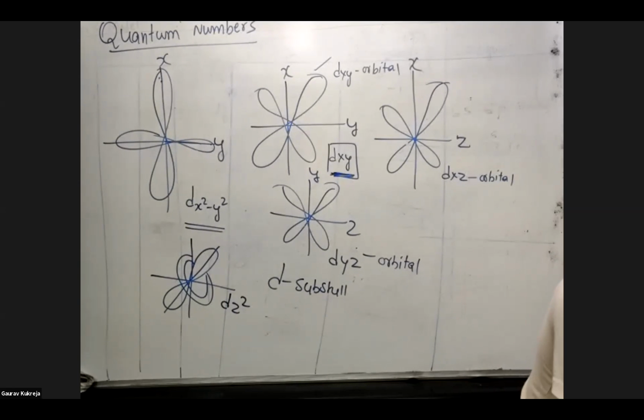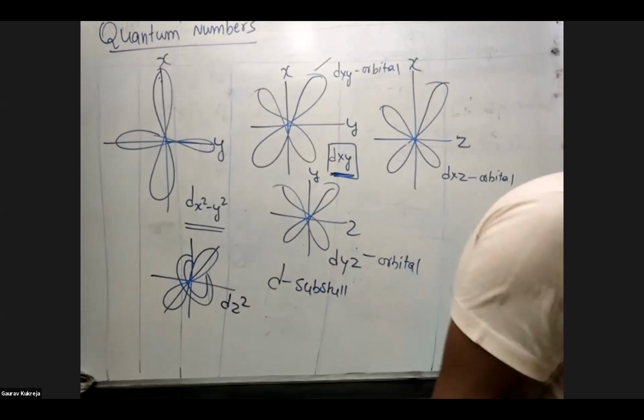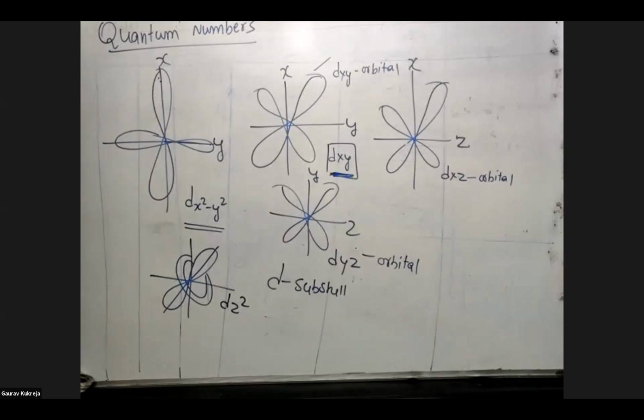So after filling 32 electrons you won't get extra space there. There will be no place left for extra electrons. If there is no space left, then you cannot increase electrons beyond 32. That's why it is limited to 32 electrons.